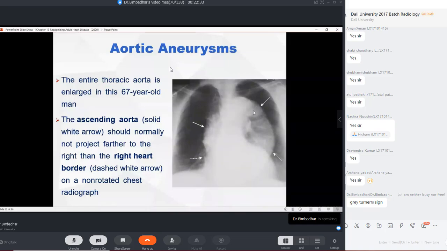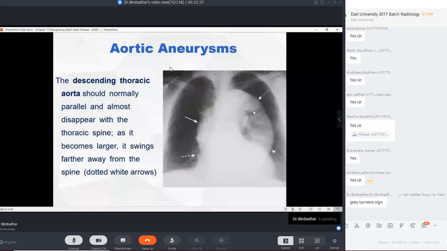It is very simple on X-ray, but on CT, it is generally the descending aorta that is involved. The descending aorta should normally be parallel and should disappear with the shadow of the spine. In a normal case, we cannot differentiate the shadow of the descending aorta from the spine. But here, you see, this curvature itself says that I'm looking at a descending aorta.